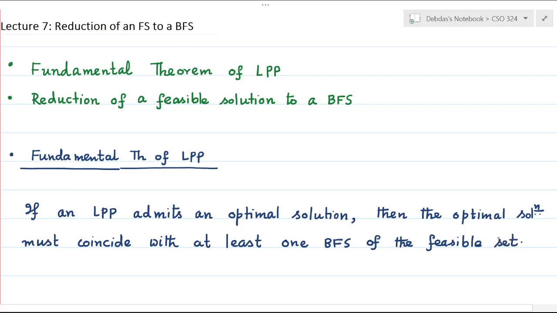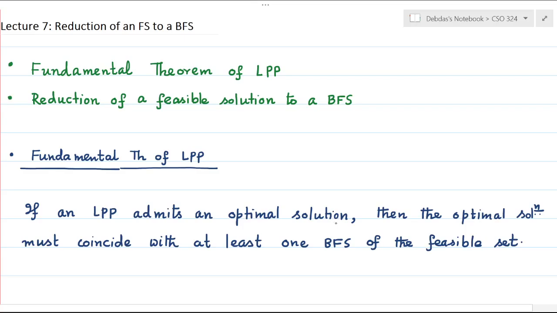Fine. As I said, here is a question. The LPP has an optimal solution, so there exists a solution, or there exists a feasible point of the given LPP. There exists a feasible point means there exists at least one x such that Ax equals b and x greater than or equal to 0. Now given a point for which you have Ax equals b together with x greater than or equal to 0, how can we confirm that this set has a basic feasible solution?